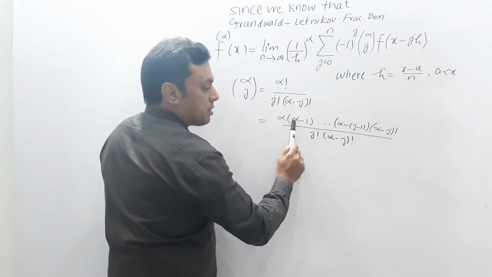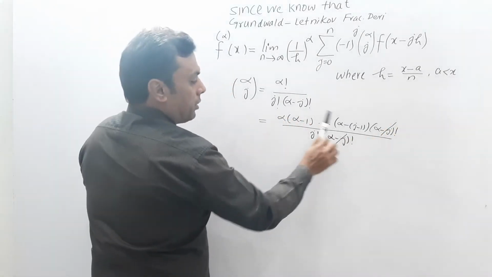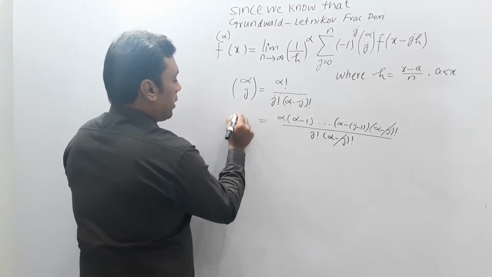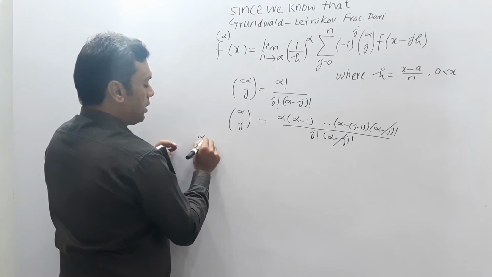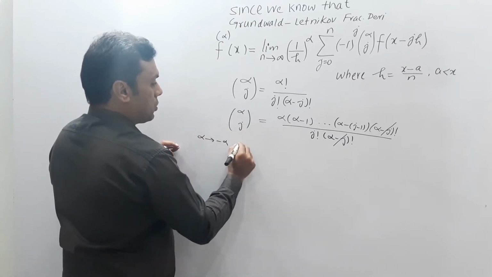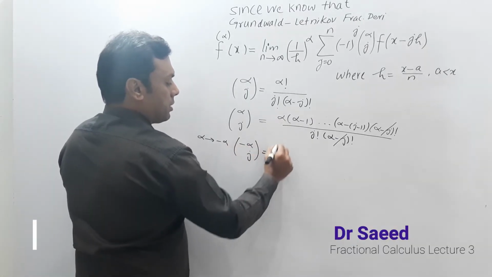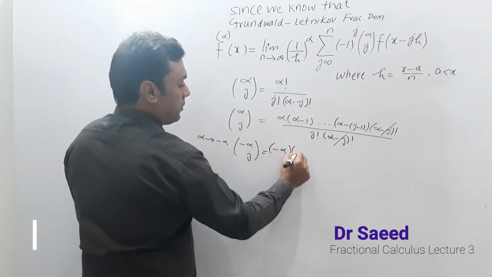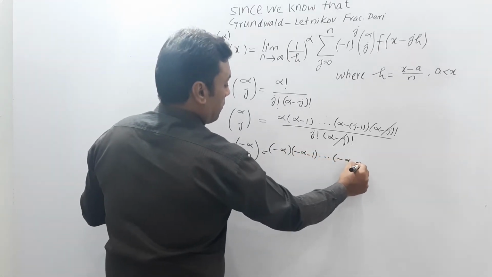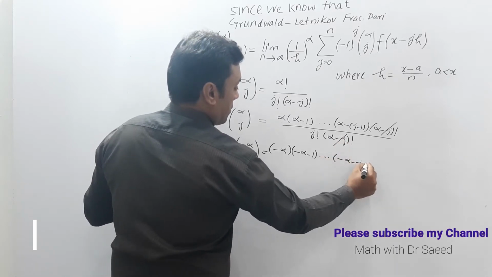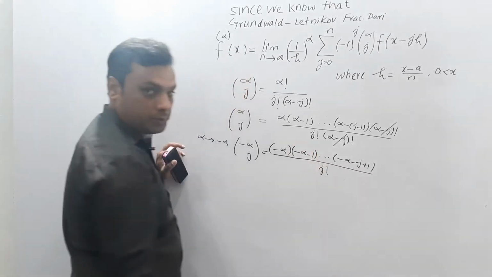So in this expansion this cancels out this one, and the remaining can be written as follows. Now if I just switch alpha to negative alpha, this becomes negative alpha C j equals negative alpha into negative alpha minus 1 and so on, up to negative alpha minus j plus 1, and in the denominator j factorial.